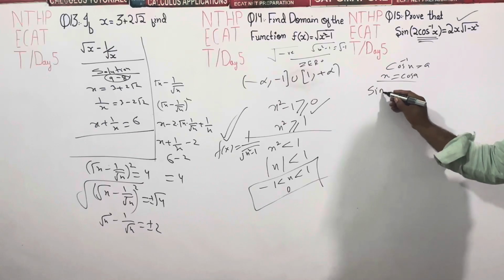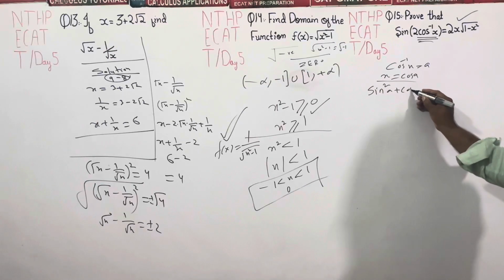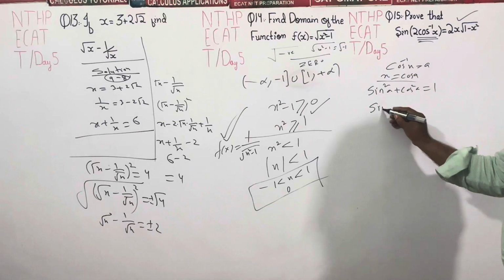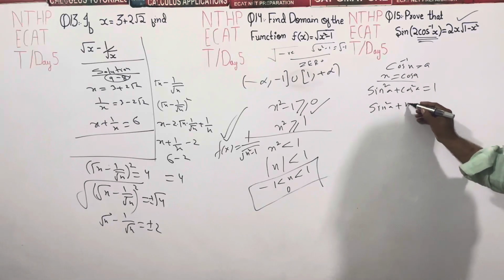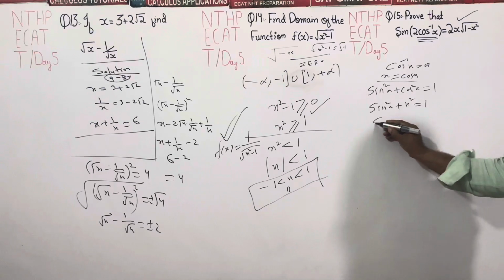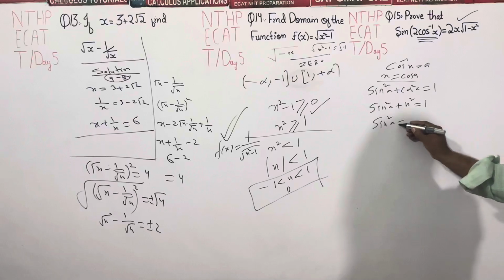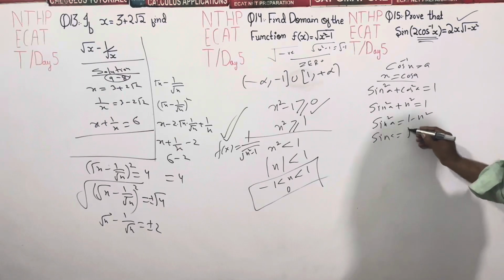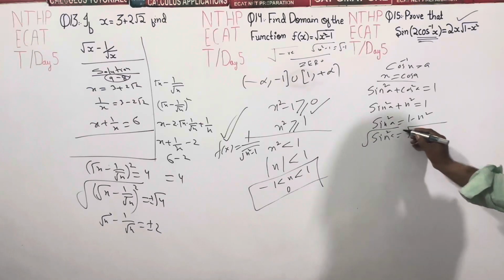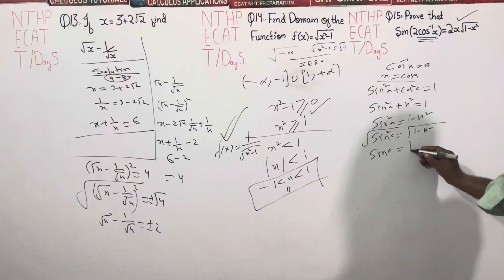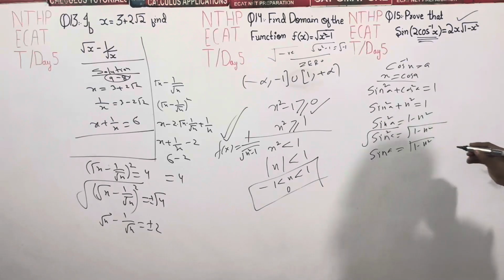Utilizing the tiny identity of trigonometry, sine square a plus cos square a is equal to 1. The value of cos a is x, so sine square a plus x square is equal to 1. Solving for sine a, sine square a is equal to 1 minus x square, or taking the square root on both sides, sine a is equal to root of 1 minus x square.